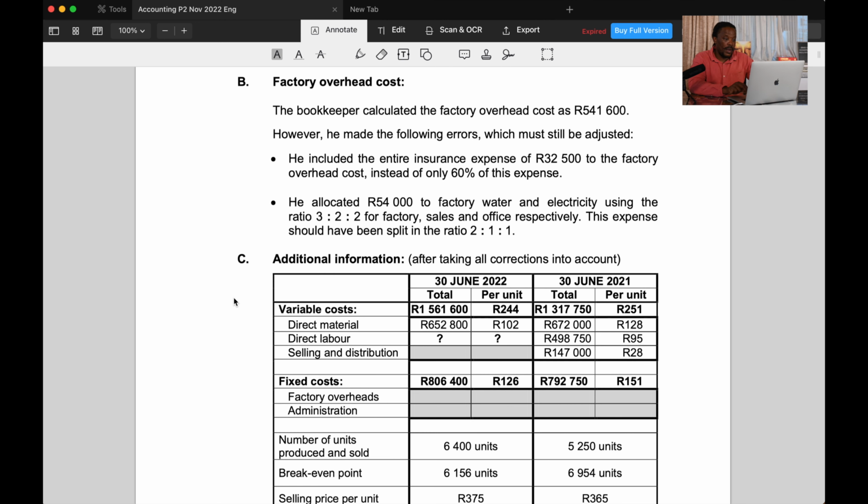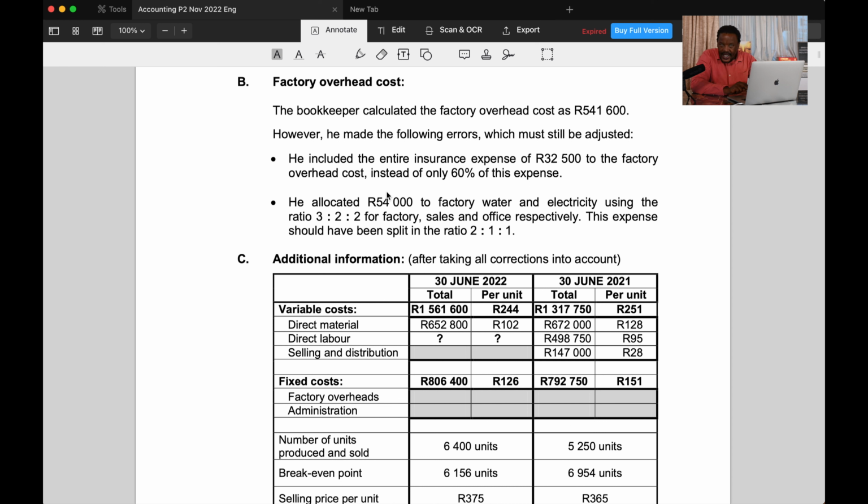The next adjustment is he allocated 54,000 to factory water and electricity using the ratio 3:2:2 for factory, sales, and office respectively. These expenses should have been split in the ratio 2:1:1.